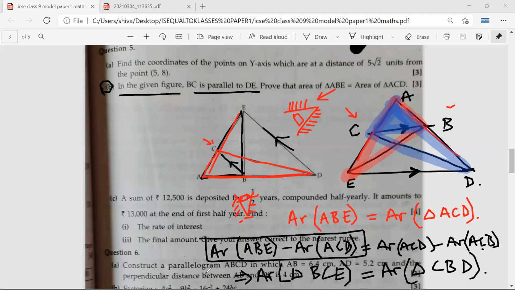So basically I need to prove that these two areas are equal: area of CBD and area of BCE.